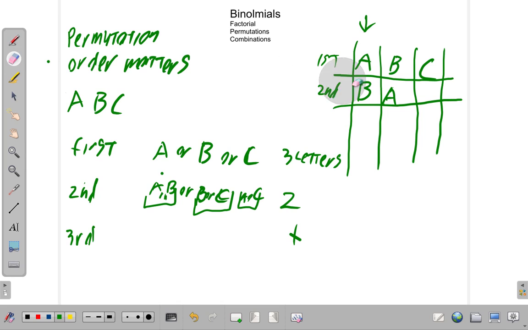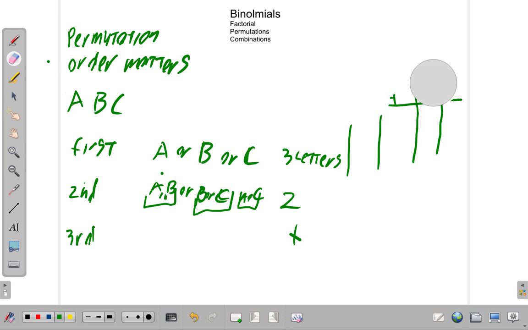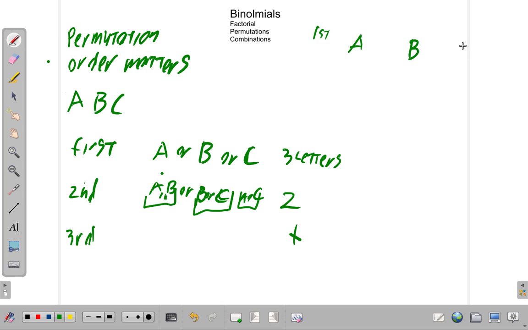So, let me erase my table here. The number of ways that you can arrange the first is 3, second, 2, third, 1. What you could have is A, or you could have B, or you could have C as the first letter.